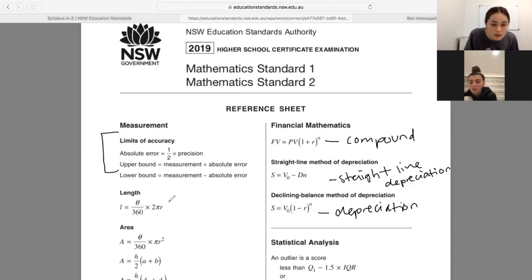This one, I think, is the length of a sector.